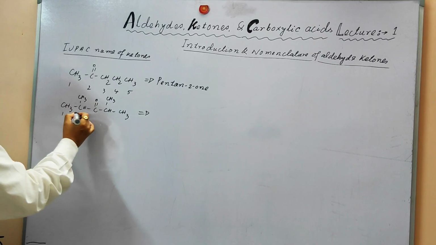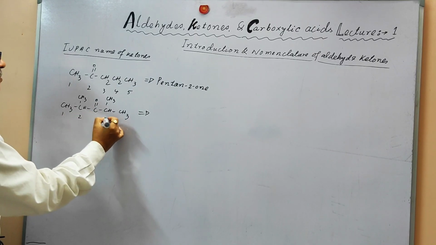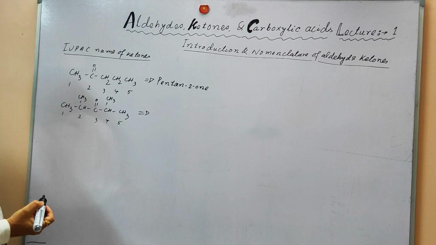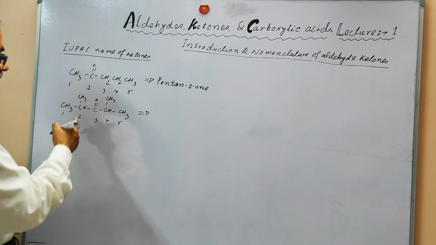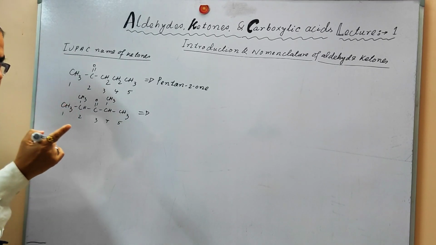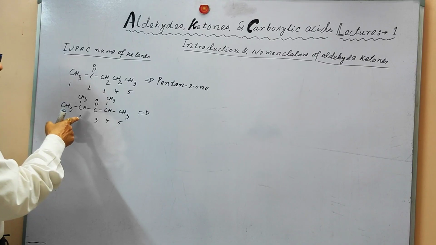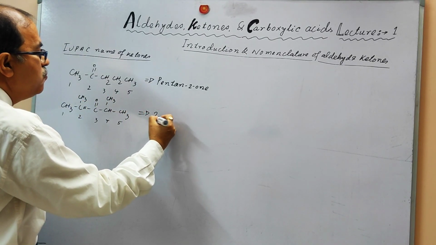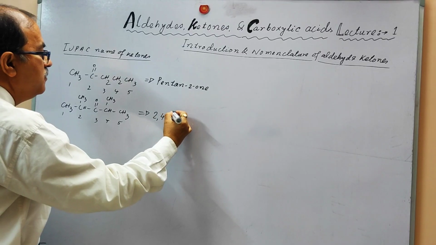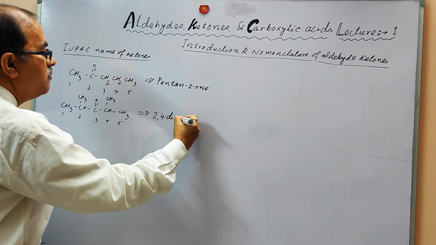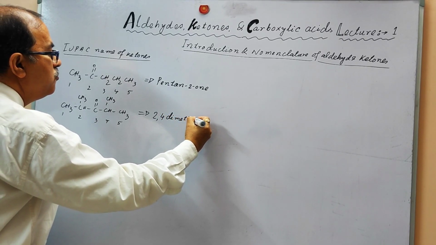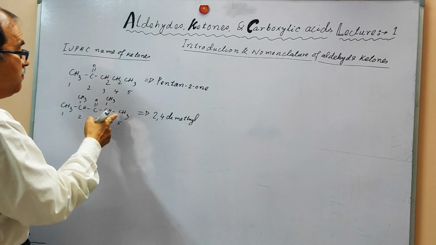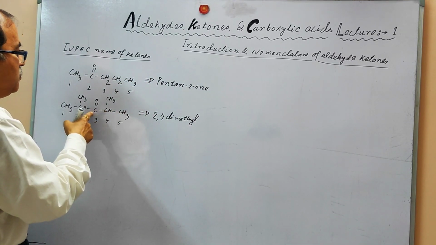So suppose we are taking 1, 2, 3, 4, 5, right? So what will be the name? There is a substituent present at the number 2 position of the carbon atom and number 4 position. So we write 2,4-dimethyl.